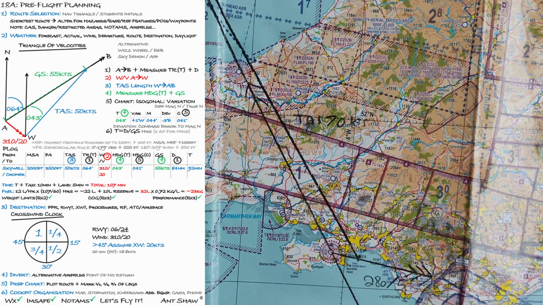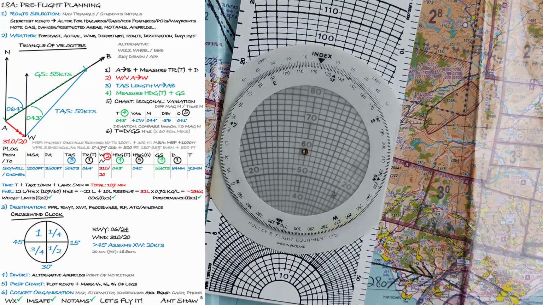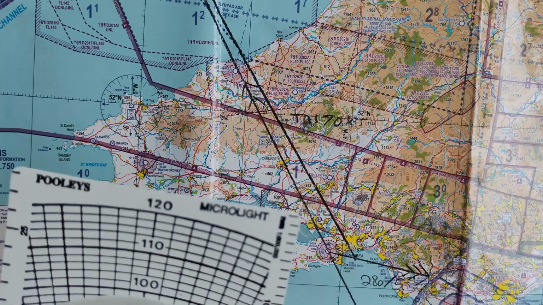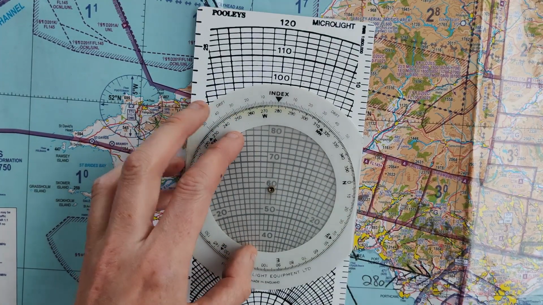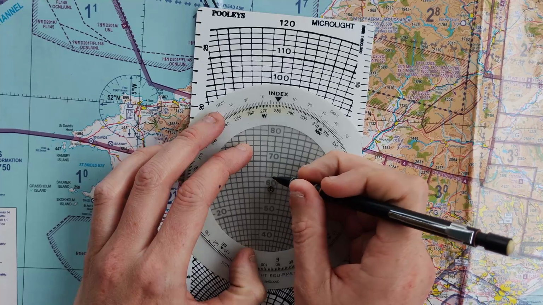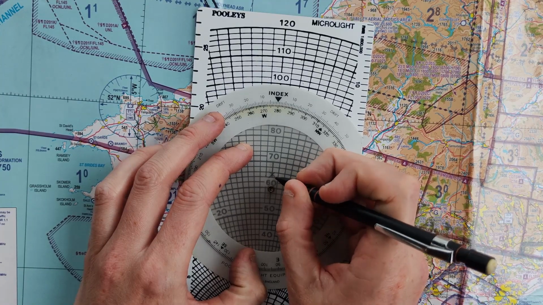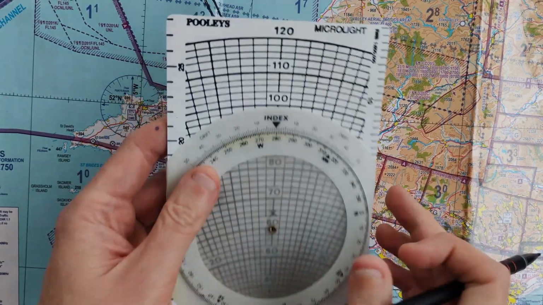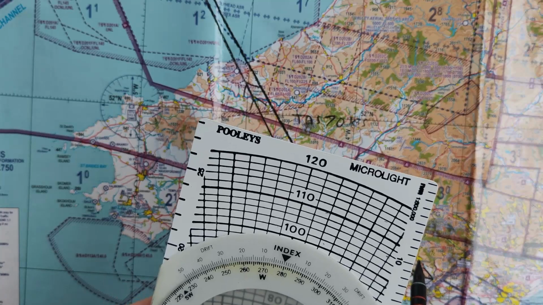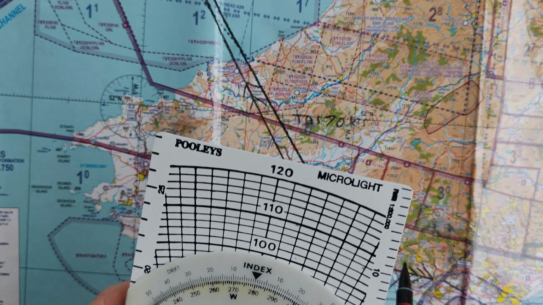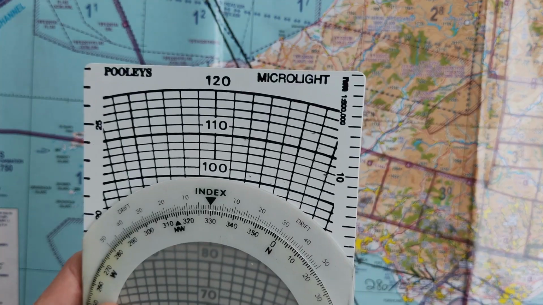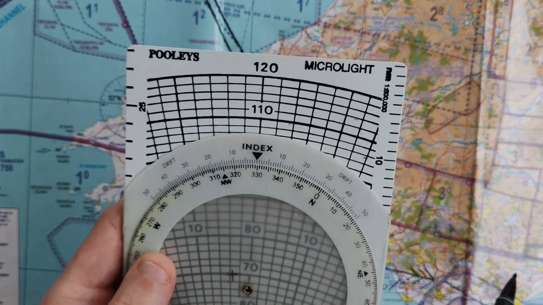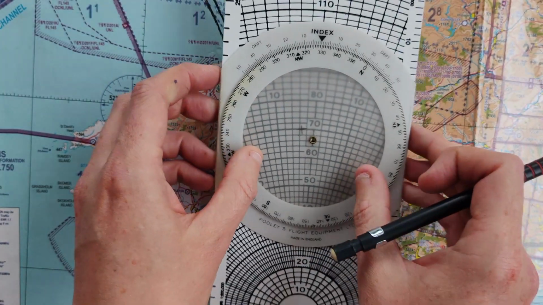Alternatively, we can use a Whiz Wheel. So the wind is from 280 and it's 5 knots. I'll draw the wind 1, 2, 3, 4, 5 knots on 280, and we are going to head 330 degrees through airspeed 70 knots, which is here.